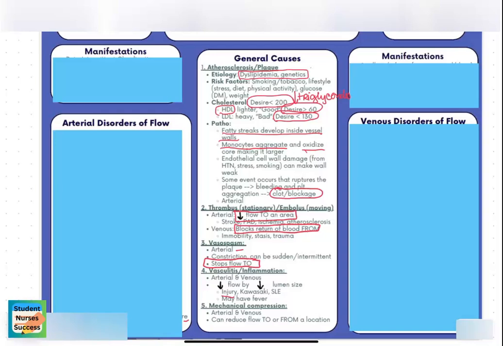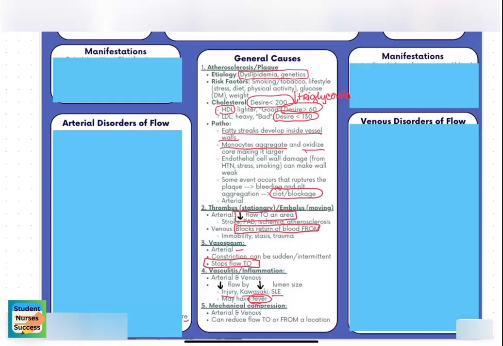Maybe you inserted an IV and that IV has irritated that vein and caused thrombophlebitis, or disease processes such as Kawasaki's disease or lupus can cause inflammation of vessels and arterioles. Because it is inflammatory in nature, you may have a fever with this.